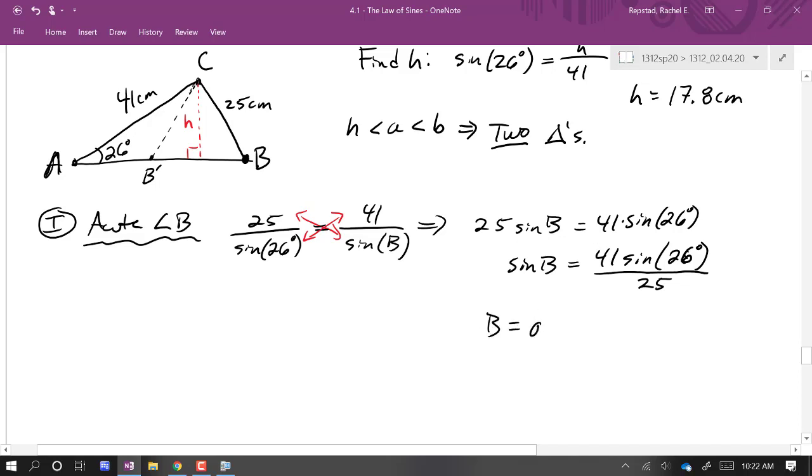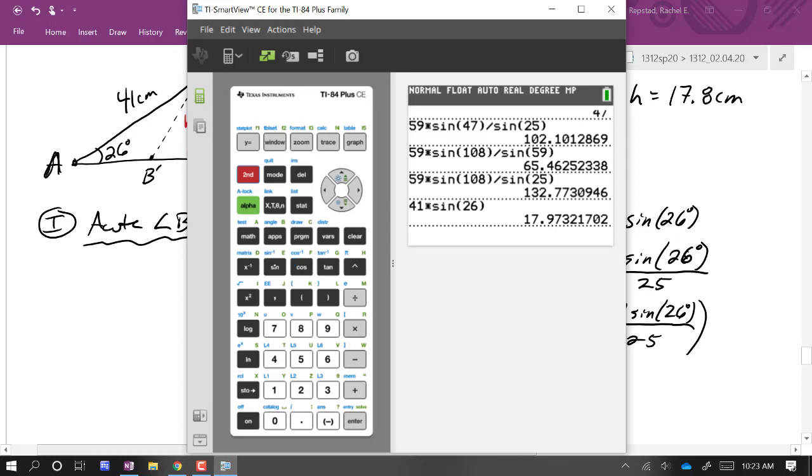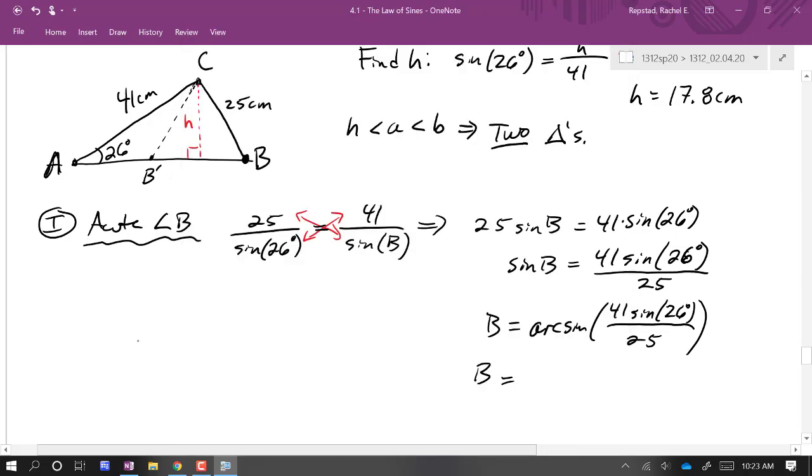So B is arcsine of 41 sine of 26 degrees over 25, or is 46.0 degrees.